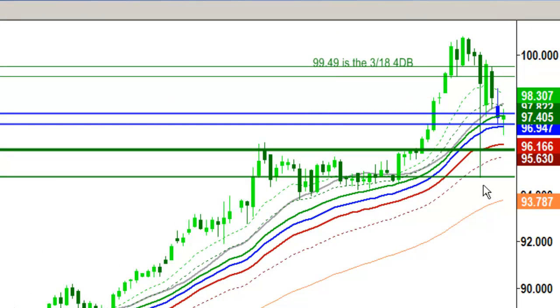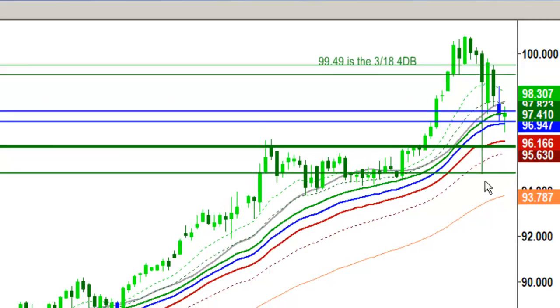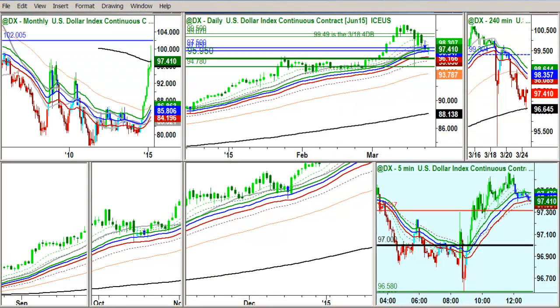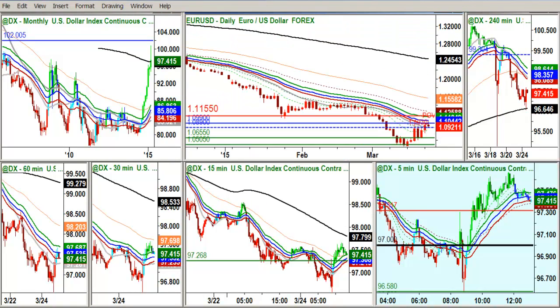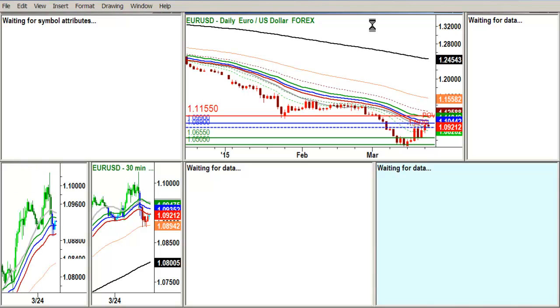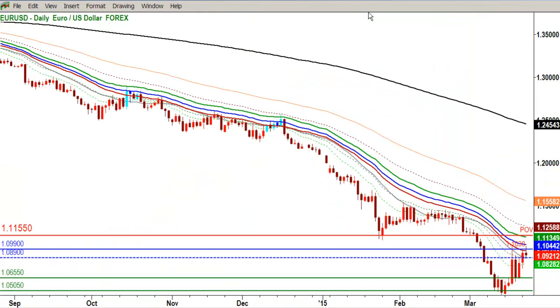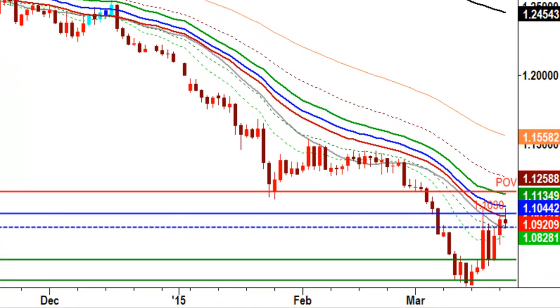I am overall still a dollar bull, and I believe as long as prices can maintain support above the 96 major psychological level, I'll continue to be a dollar bull. That feeds into these two entries. In a much bigger marketplace, the Forex, the Euro US dollar, the largest, most traded pair, if I'm a dollar bull, I am on the flip side of that same coin a euro bear.